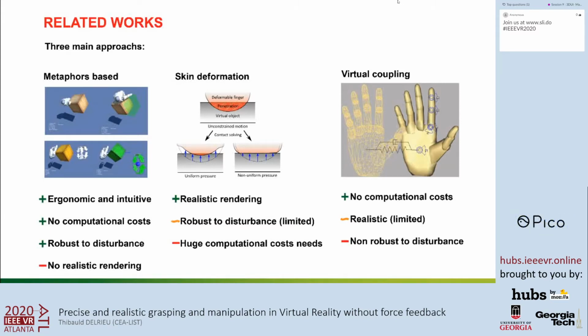The other and last approach, which is also a physics-based manipulation approach, is the virtual coupling approach, which consists of manipulating a virtual hand which is coupled by virtual springs with the real hand.